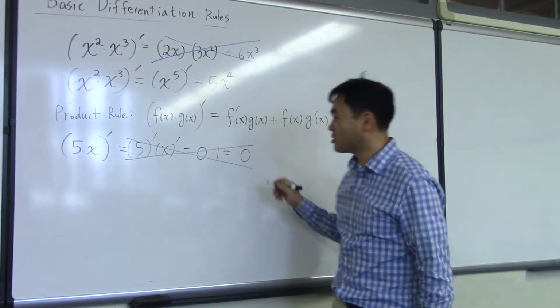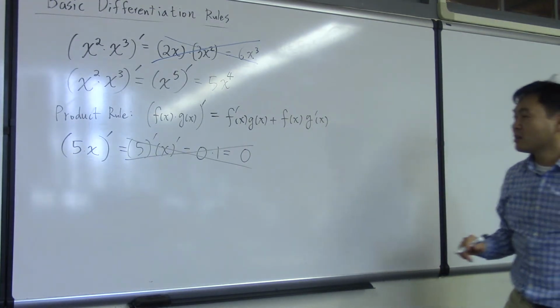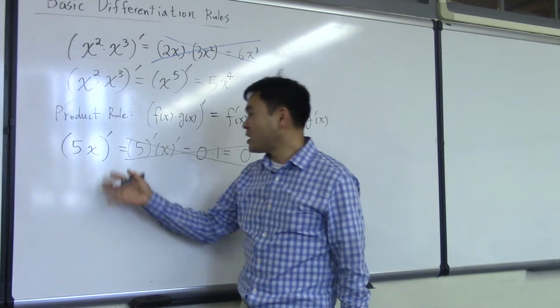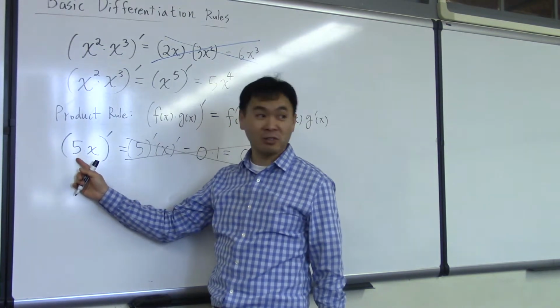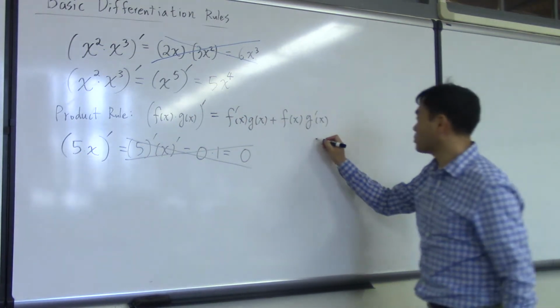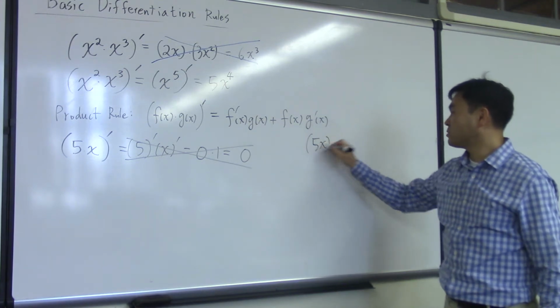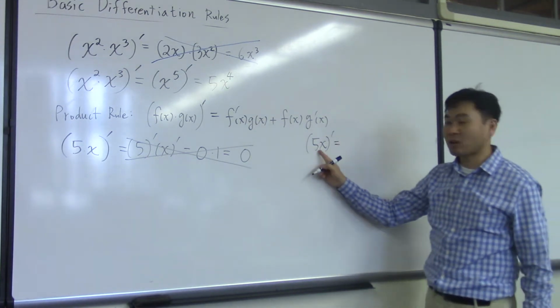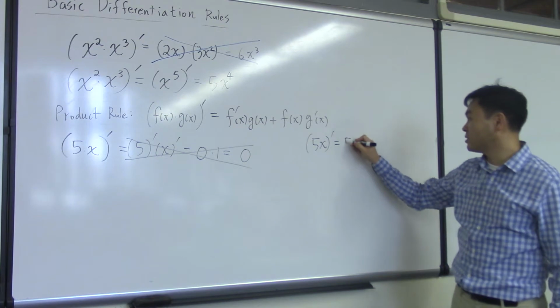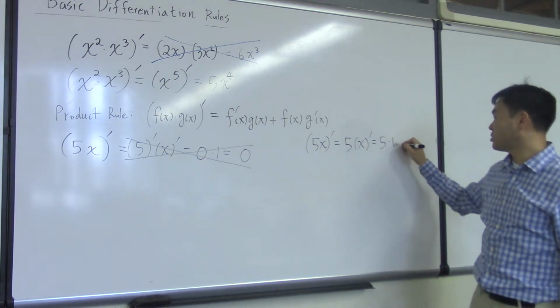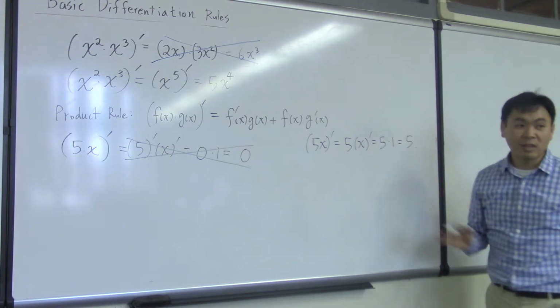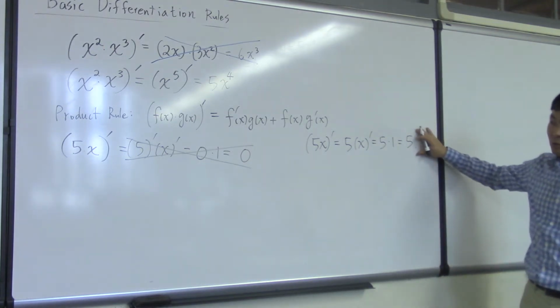Okay? That's wrong. I mean, instead you can use the linearity rule, which says that constants can be pulled out. So one right way to do this will be 5x prime: 5 is a constant multiple, so I pull it out and differentiate the function only, and that gives you 1, and that's equal to 5. Okay? So that's actually the better one in this situation.